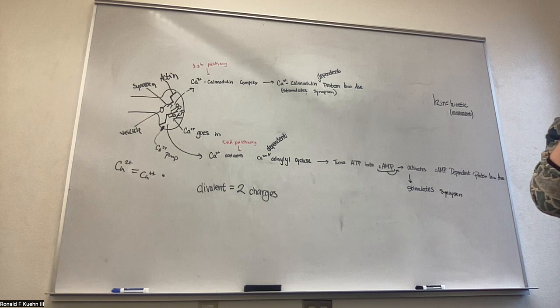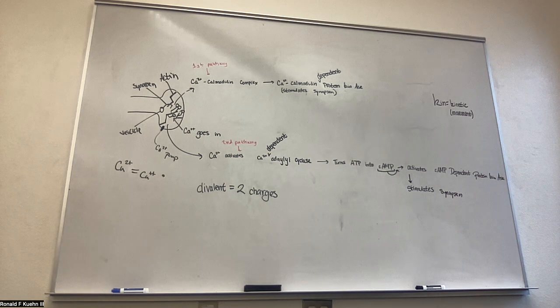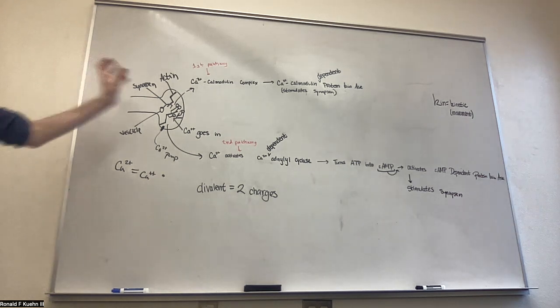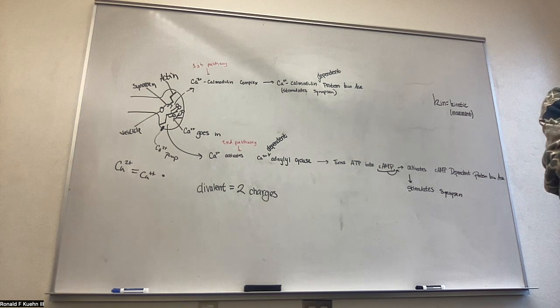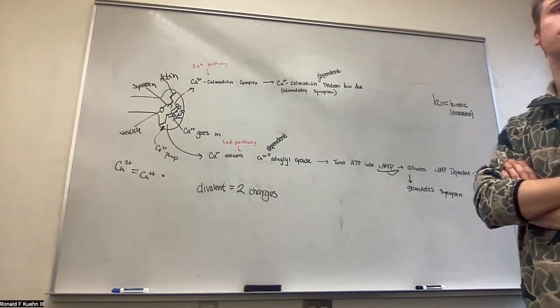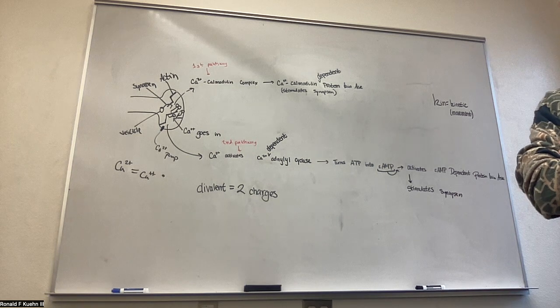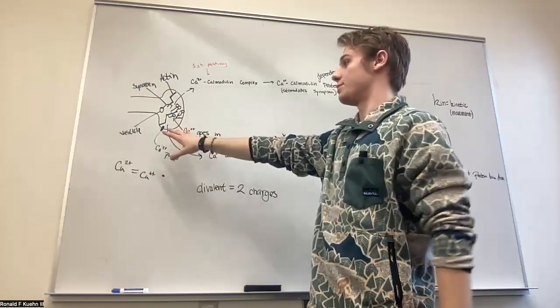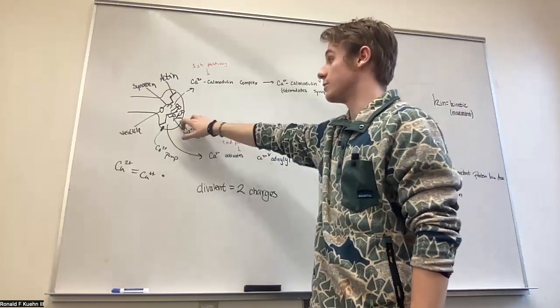And then that calmodulin complex binds with calcium calmodulin protein kinase, and that releases synapsin, which holds vesicles. Calmodulin is a protein, right? So when you have an action potential, it opens up the voltage dependent ion channels, and then the calcium will go in.